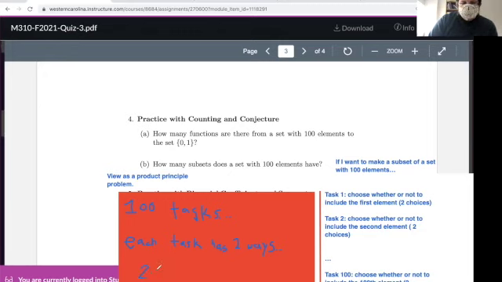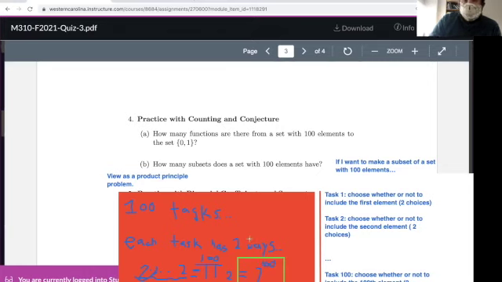It's 2 times 2 times 2, 100 times. Write as the product from t equals 1 to 100 of 2. Or the answer that you're probably most familiar with here is 2 to the 100.